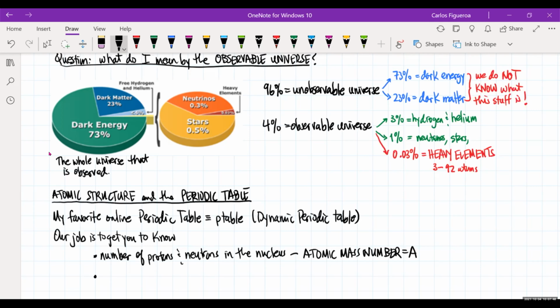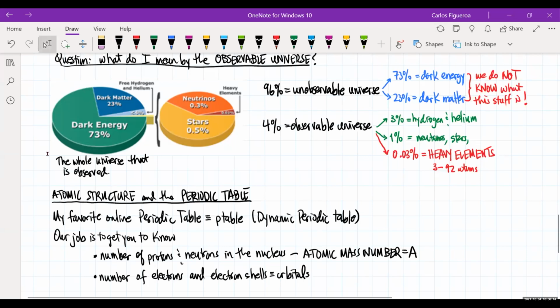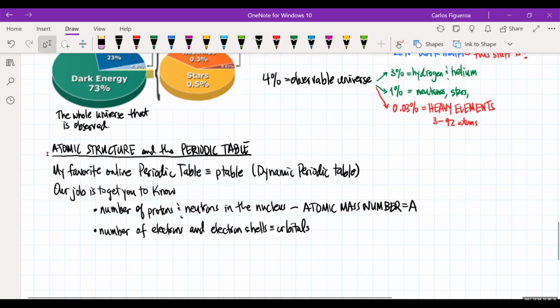The next thing that we need here is that we need the number of electrons and electron shells. And sometimes people call these orbitals, but that's really the language of Rutherford talking about here because of his planetary model.